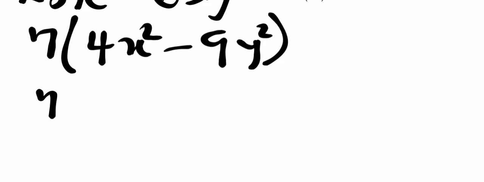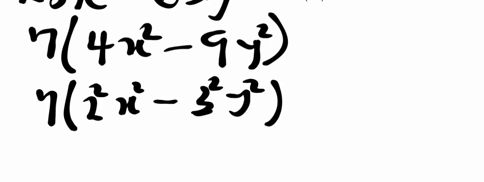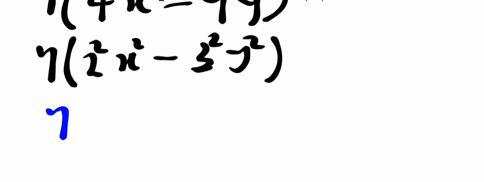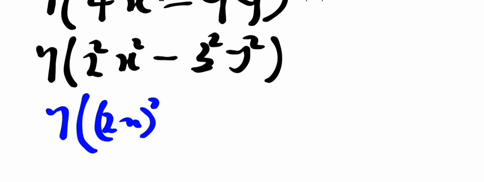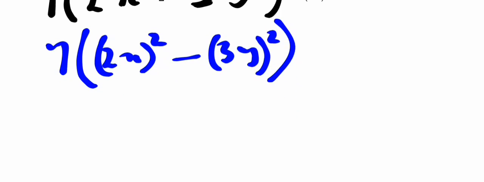And that will be 7 into bracket 2 squared x squared, then minus 9 as well can be expressed as 3 squared y squared. And from here now you can see that 7 into bracket 2x all squared minus 3y all squared, then close bracket here. So from here, this follows difference of 2 squares.